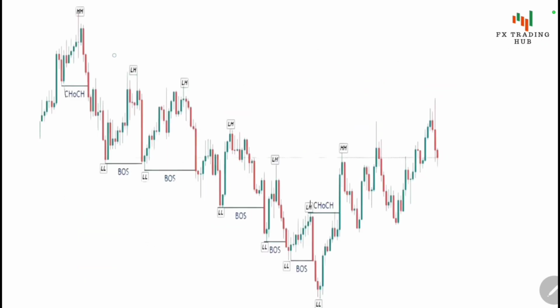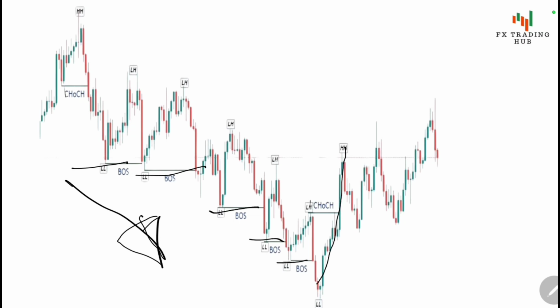Okay, now this is another scenario of this chart. You can see that the market was breaking structure to the downside. This is a downtrend. The market kept on breaking structure to the downside until we have a change of character that took out this high, also took out this high. These two highs we are taking out.